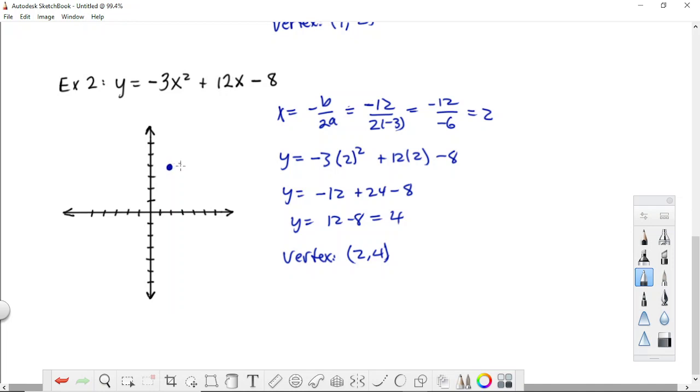Over 1, down 1, 2, 3. It's right there. Okay, and over 1 to the left, and down 3 gets us to there. So our vertex is 2, 4, as we said, and we also have points here at 1, 1 and 3, 1.